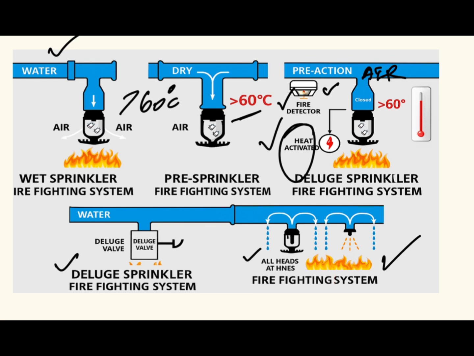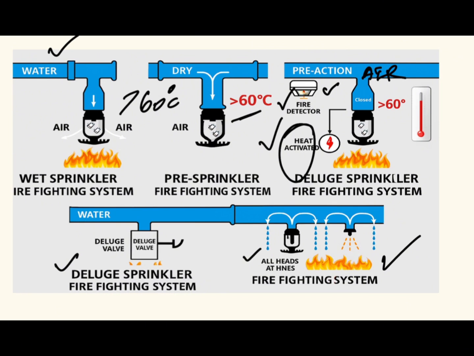Right, and now the pre-action is with detection, along with a fire detector, right? So all heads are not open. But in the deluge, we have a fire detector that opens valves for all, right?